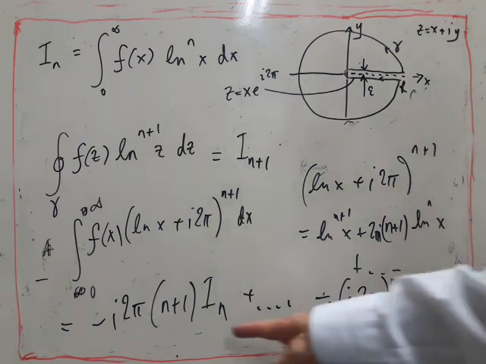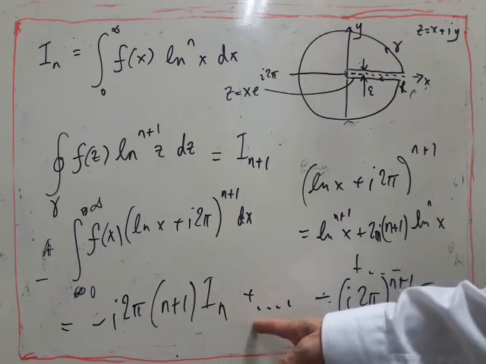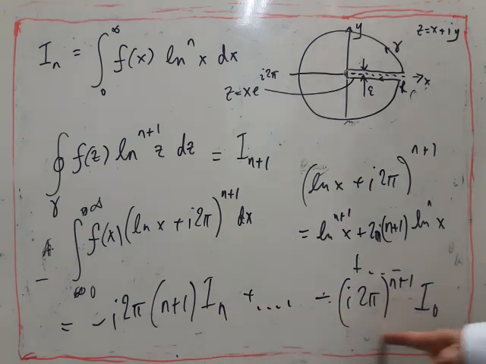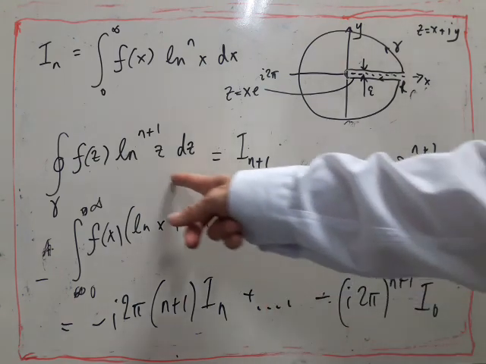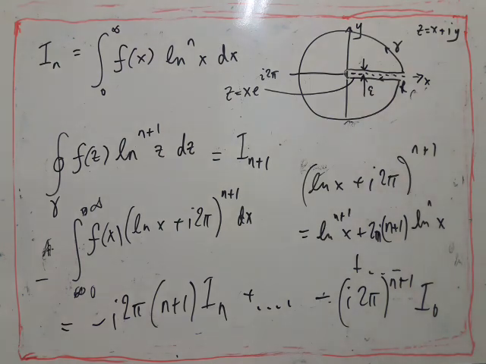So you could then work out what I n is if you've done your homework and worked out what these other ones, I n minus 1 down to I naught, are, and all of this is going to equal 2 pi i times the sum of the residues. Okay, so this gets complicated if n is large, but if n is, for example, 0, it's very straightforward.